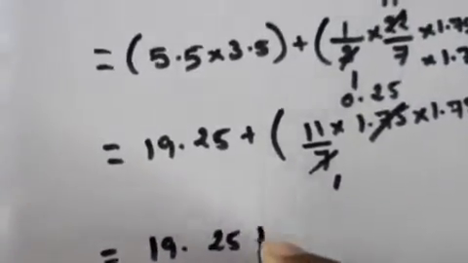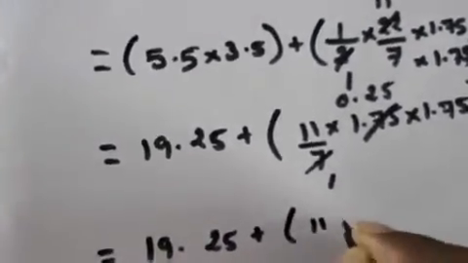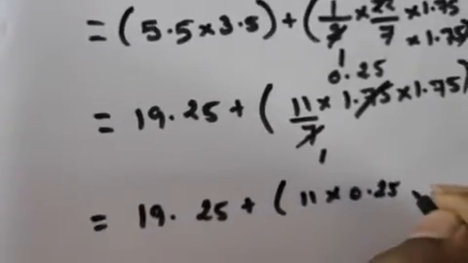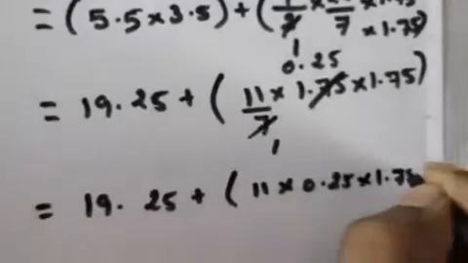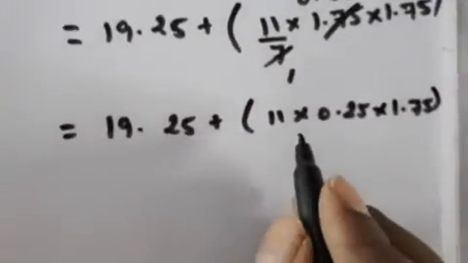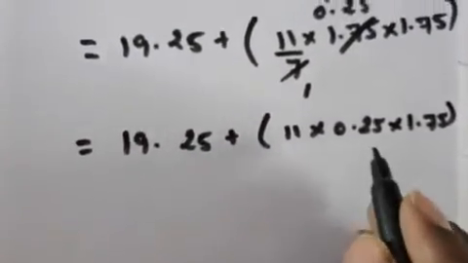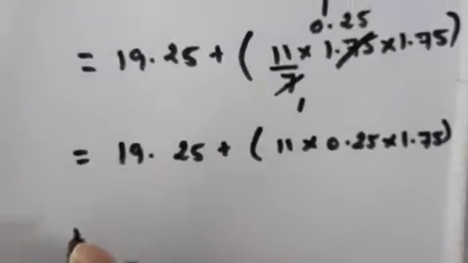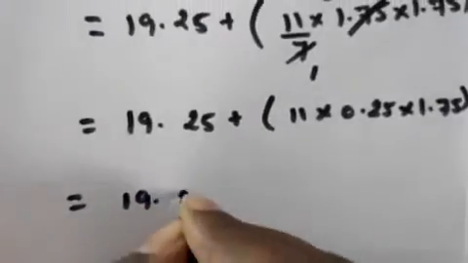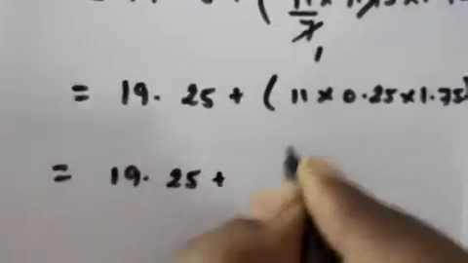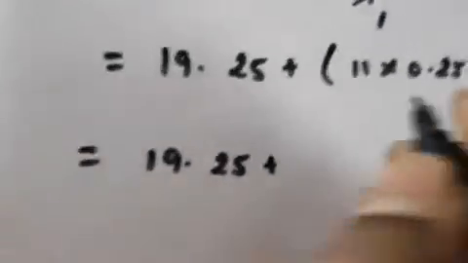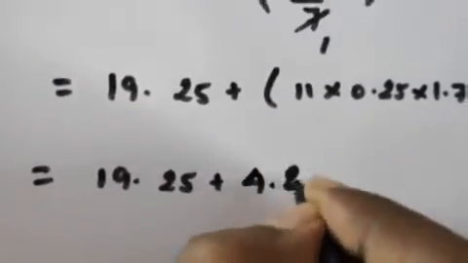19.25 plus 11 into 0.25 into 1.75. Look here, there is no denominator now, therefore we can multiply all the things. 11 into 0.25 into 1.75 is equal to 4.81.